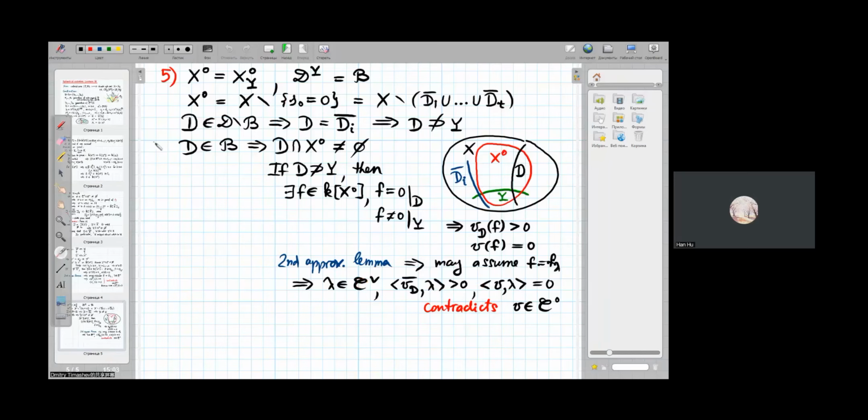So this assumption leads us to a contradiction.